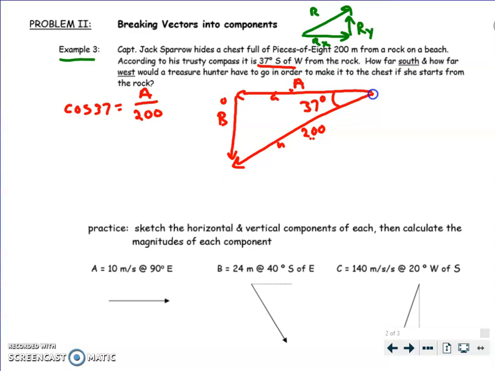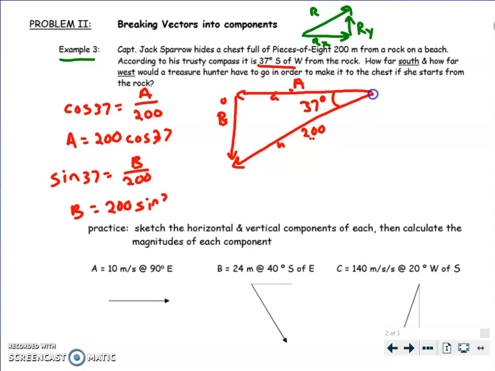So in other words, the A is simply 200 times the cosine of 37. And then B is the opposite side, and that's the sine function. So I'd say sine of 37 equals B over 200. Therefore, B equals 200 sine 37.